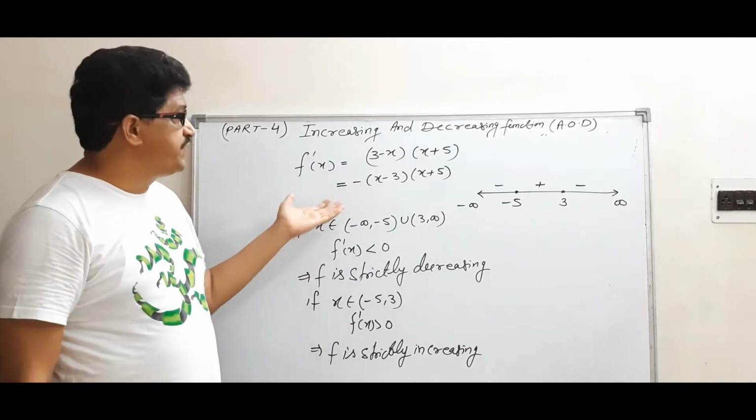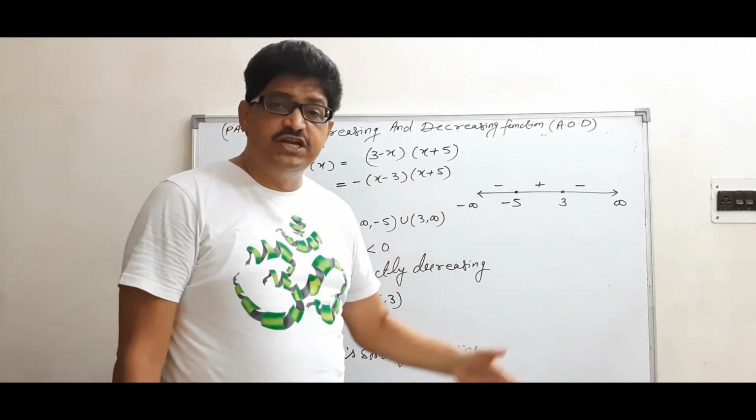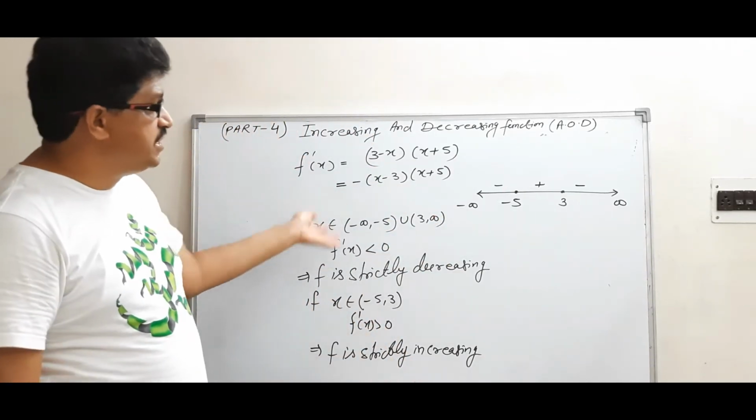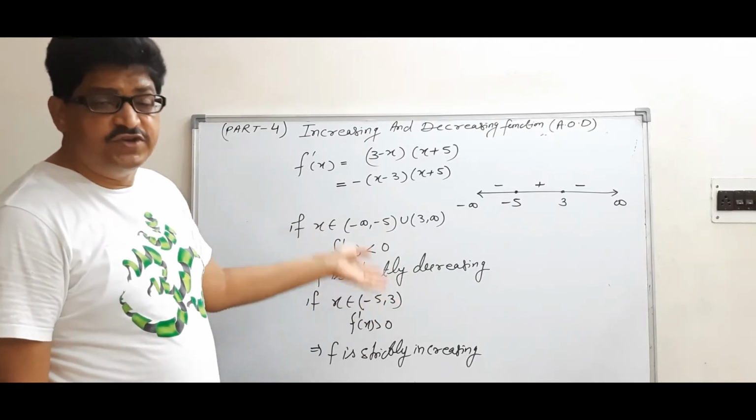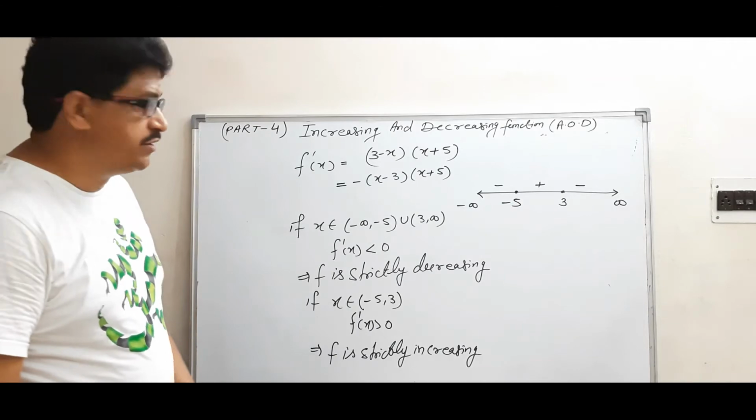So by using f dash x and number line, we will decide in which interval this function is increasing or in which interval this function is strictly decreasing.